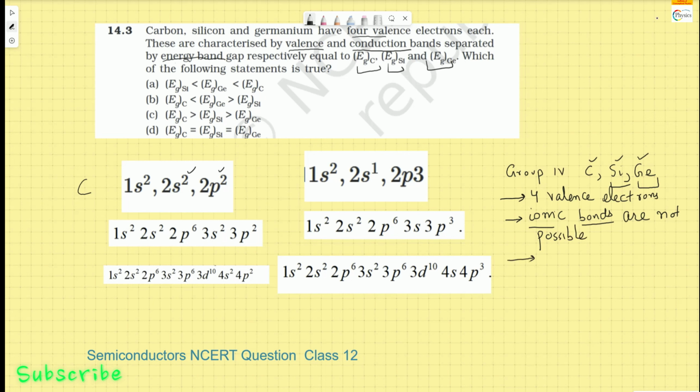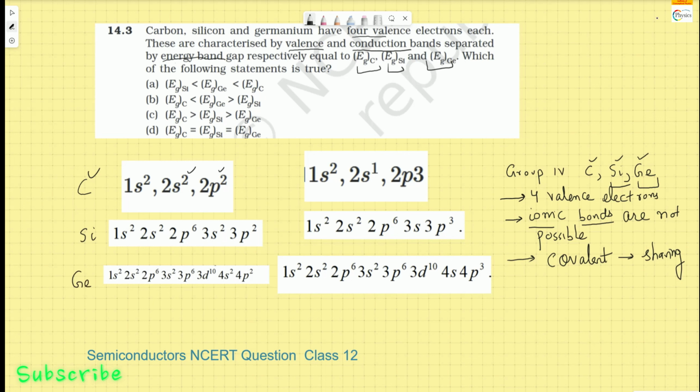The only choice you have is the covalent bond, which is the sharing of electrons, the ones in the external quantum states of K, L, M. If you know a bit of chemistry, this diagram is carbon, this is silicon, and this is germanium.